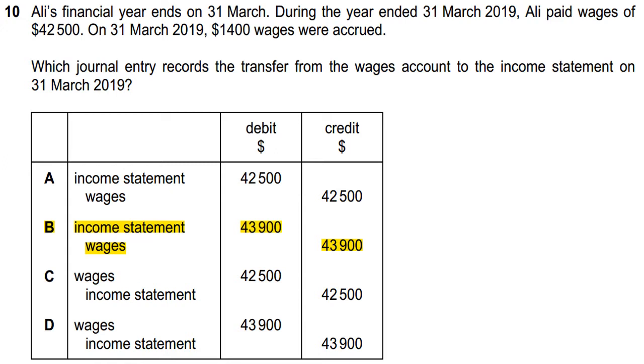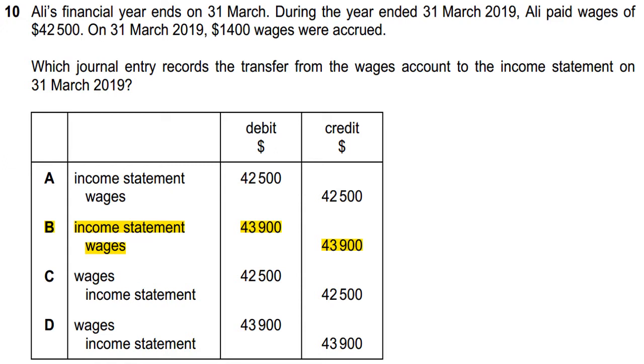are yet unpaid, but they are an expense of the particular year, and this will be included in the wages. Accrued wages will be a liability. Income and expenses are recorded in the particular year in which they are earned or incurred.